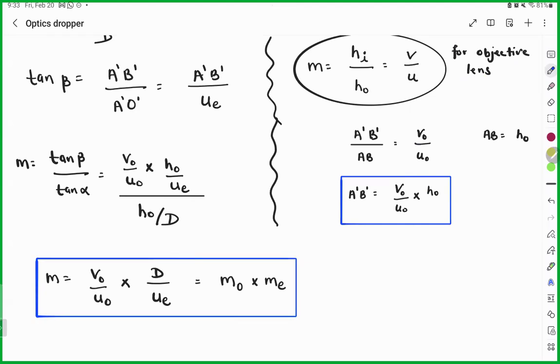Calculate magnification of objective lens, which is equal to this. This is magnification of the objective lens, and this is the magnification of the eyepiece. Multiply both of them. Any doubt, guys?